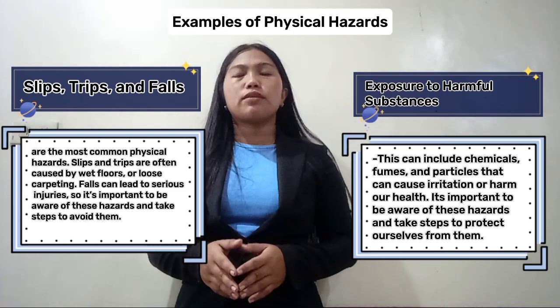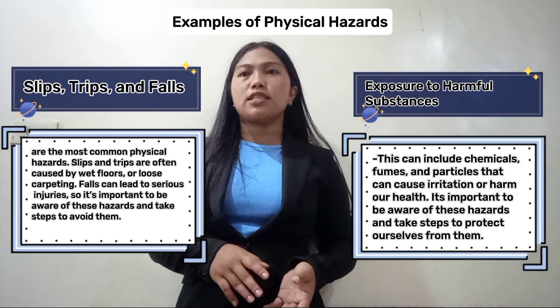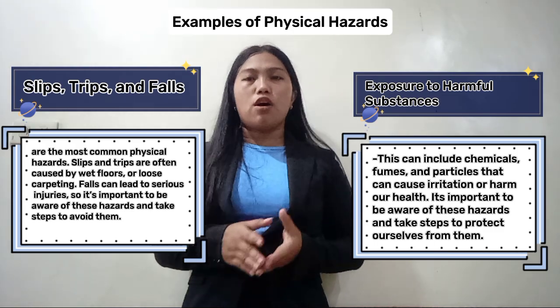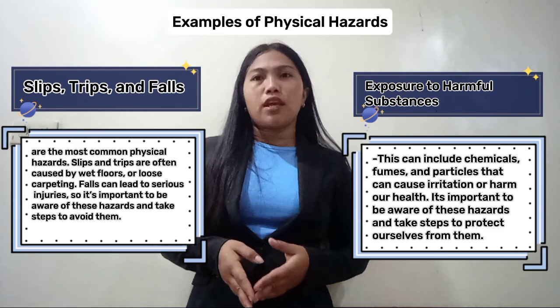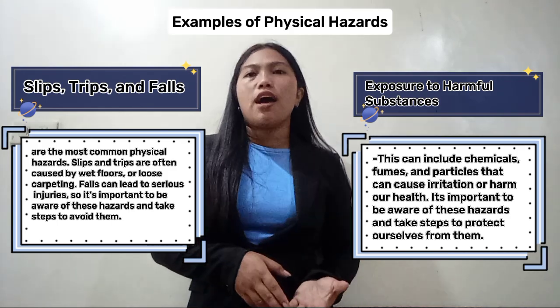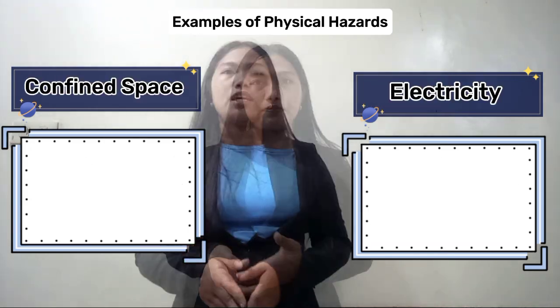That can include chemicals, fumes, and particles that can cause irritation or harm to our health. It's important to be aware of this hazard and take steps to protect ourselves from them.